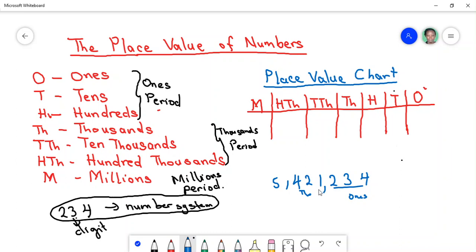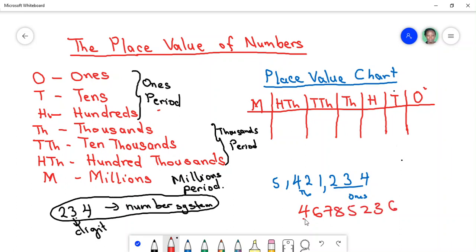Now, knowing this, why are we even talking about the commas? If I use the comma between the periods, it makes it easier to read my numerals. Example, let's say I had this number 4, 6, 7, 8, 5, 2, 3, 6.